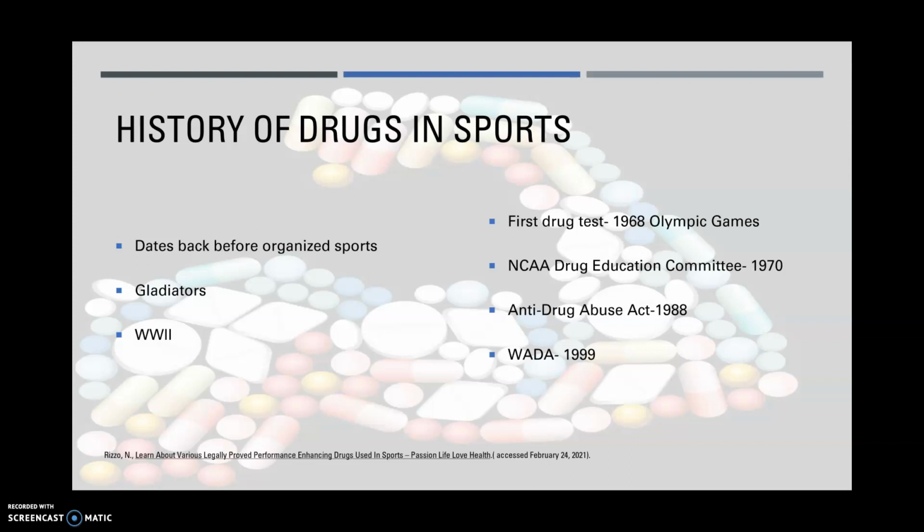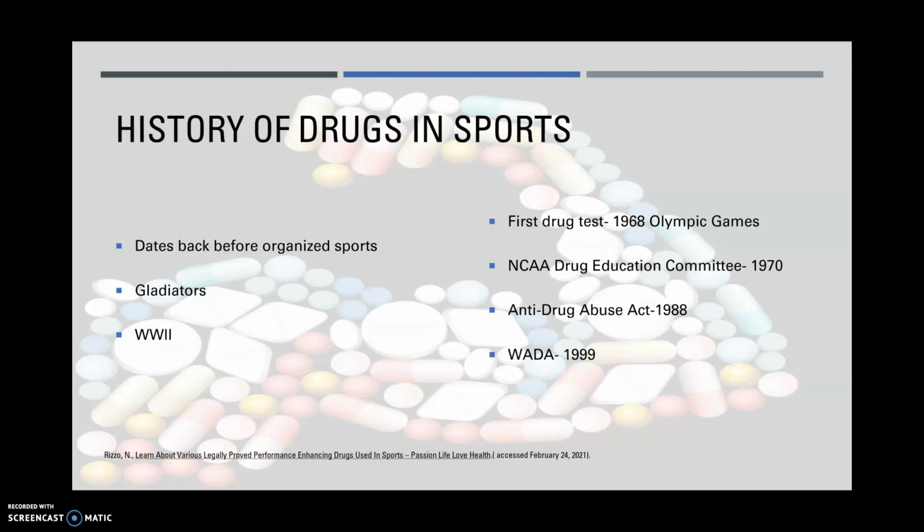Of the 667 athletes tested, 15% of the athletes did test positive, which led the NCAA Drug Education Committee to now start testing college athletes. In 1988, President Ronald Reagan banned all drugs that were for non-medical uses in the Anti-Drug Abuse Act.